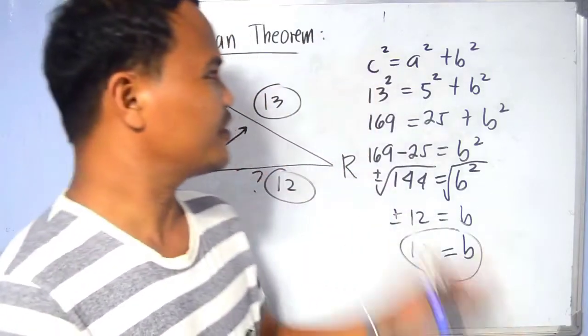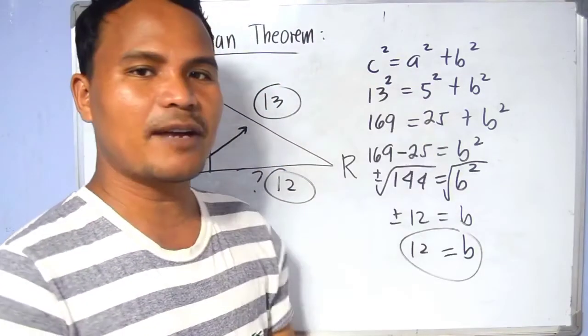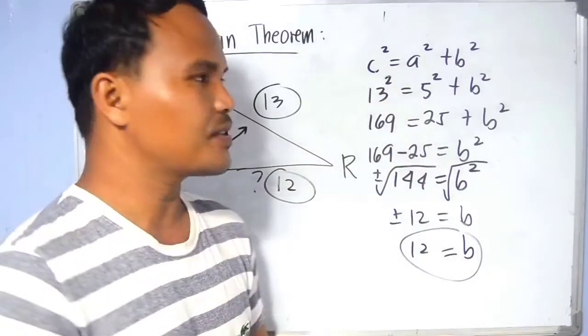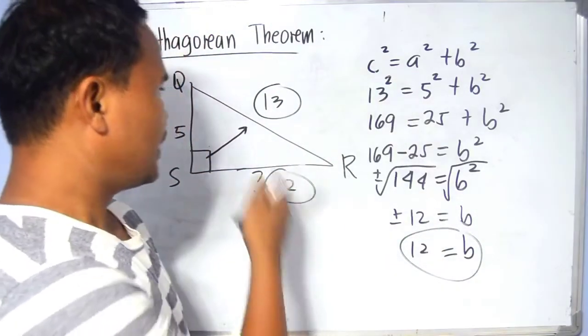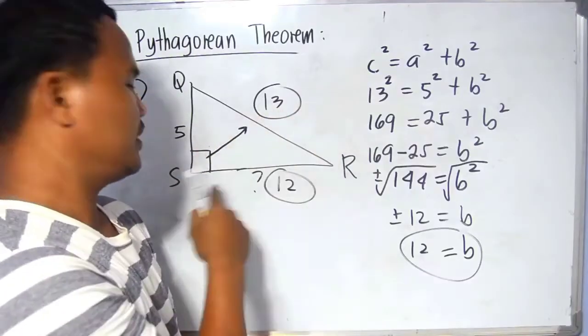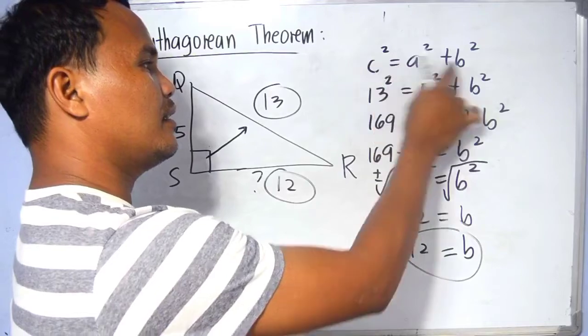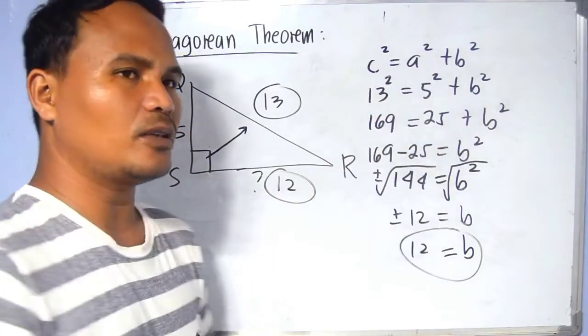We use this formula, C squared equals A squared plus B squared, where C is our hypotenuse. The hypotenuse is always opposite the right angle. And these two letters, A and B, are called legs.